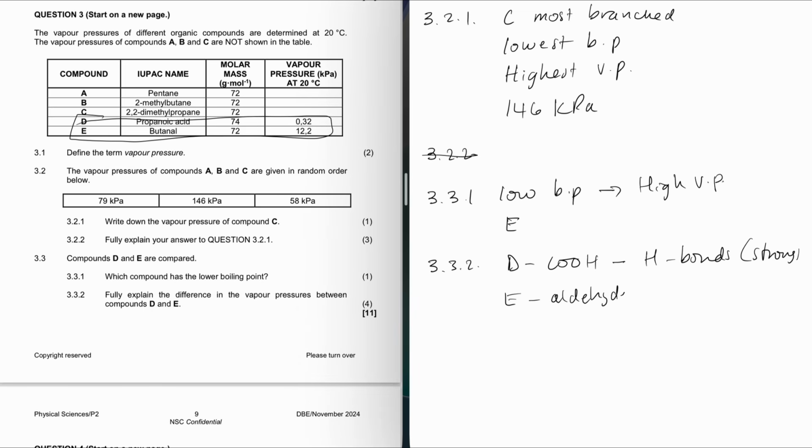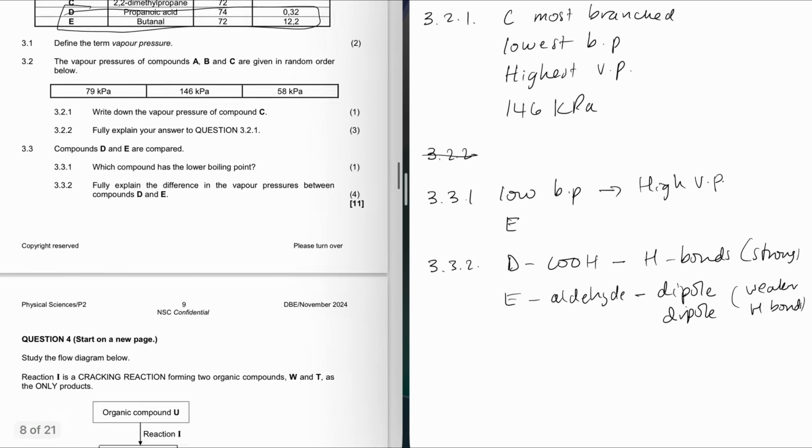It ends in "al", so it means it's an aldehyde. Aldehydes have dipole-dipole interactions, and those are weaker than hydrogen bonds. And so because of that, E is going to have a weaker intermolecular force and it's going to have a lower boiling point.